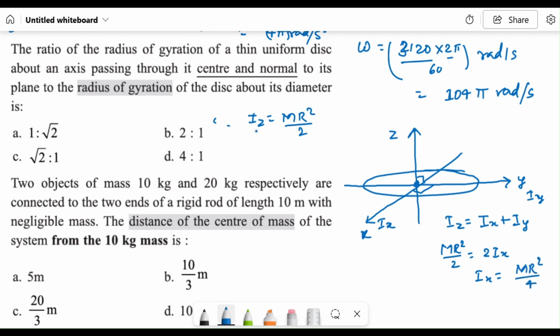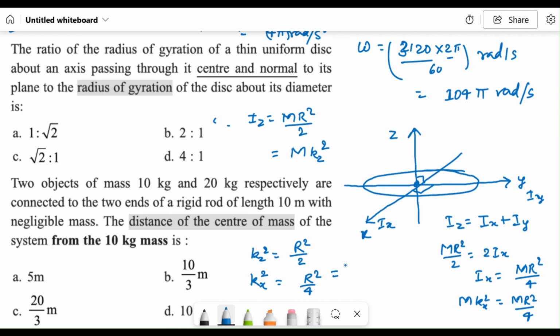Now we can express this in terms of total mass and radius of gyration. About the z axis, let's say kz is the radius of gyration, so Iz is m kz square. From here, kz square equals r square by 2. Now for the other case, m kx square equals m r square by 4, so kx square, the radius of gyration about this axis, is r square by 4.